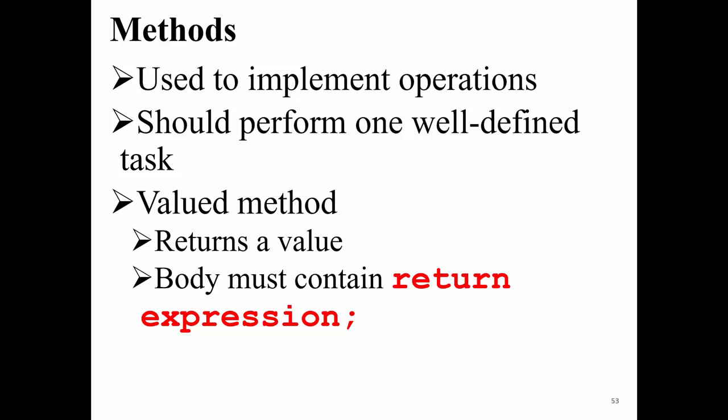You say I have a radius and a center point. Now, I need to calculate the area of the circle. So this is defined as a method, a behavior associated with your objects. You have to pay attention to the return statements. Any method should return something, a single value. If you don't need to return anything, you have to mention void in the header.